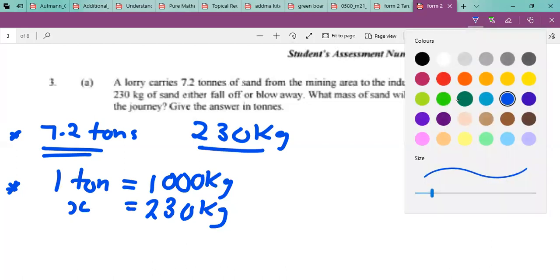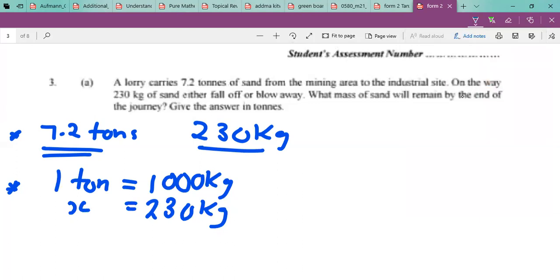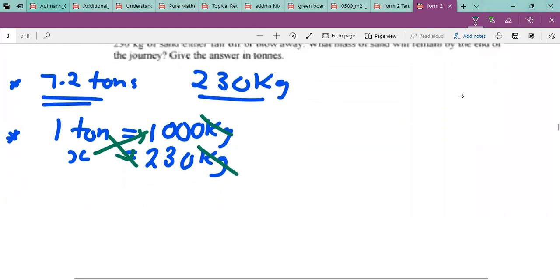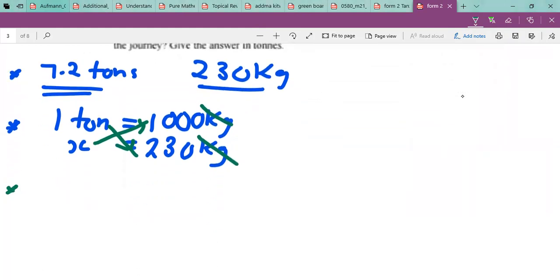So you're going to multiply this, and then you multiply this, meaning that you're going to say x times 1,000. All right, take note. This is x by 1,000 is equal to 230 tons.